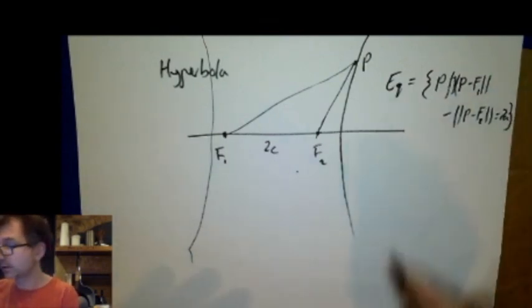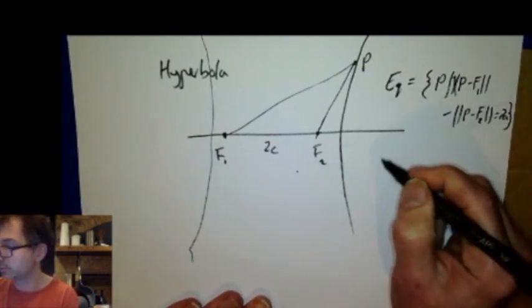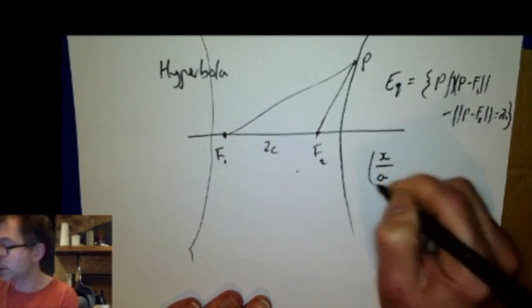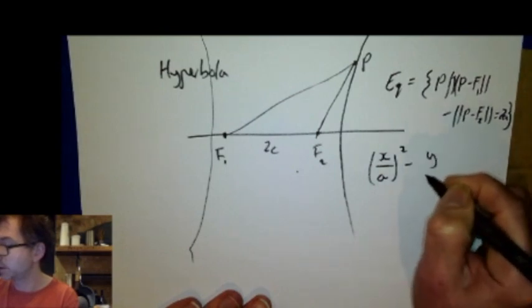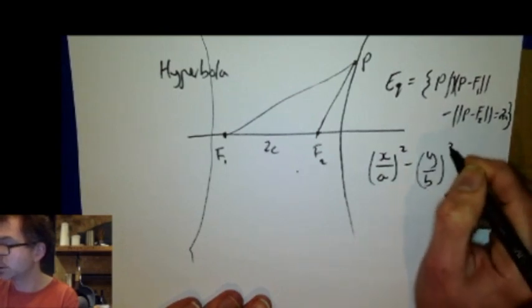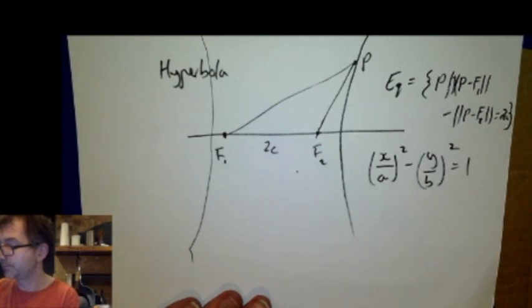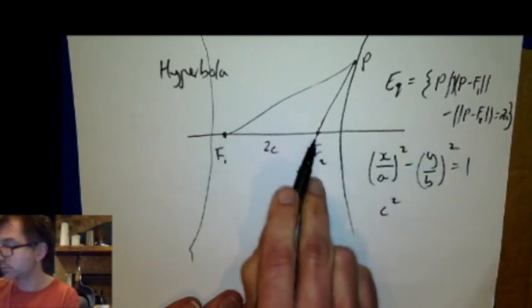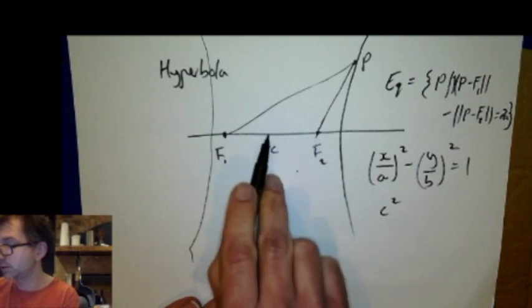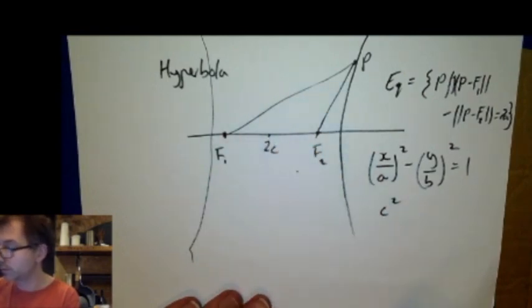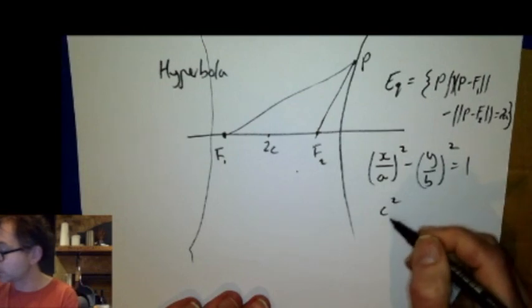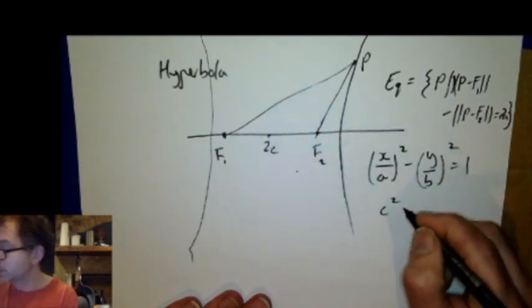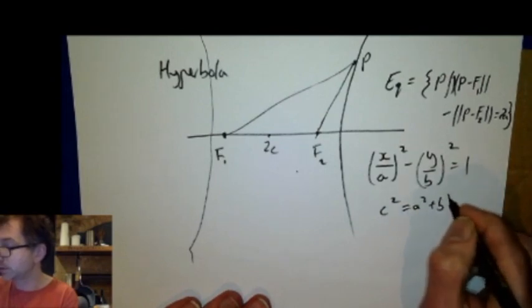And if you do a similar calculation to what we did for the ellipse, you end up getting that x over a squared minus y over b squared is equal to 1, where c is the distance from the origin to either of the focus points, then c squared equals a squared plus b squared.